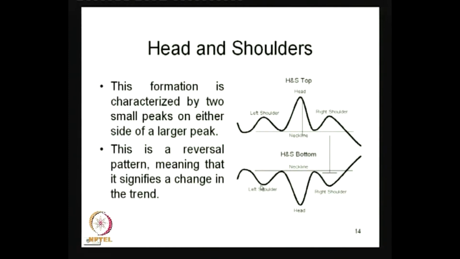Here the two small peaks are above this head, so this diagram is defined as the head and shoulders bottom. It shows that once this shoulder happens and the price has gone up, it definitely shows another reversal trend, and we expect the price will go up, and once it is here, we can expect that again the price will go down.